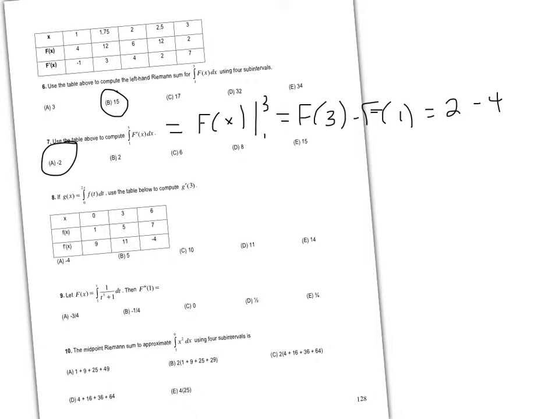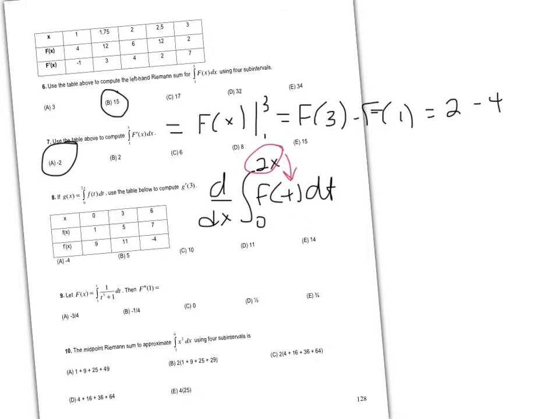All right, and then 8, we did not do that one either. So 8 says, using the table, compute g prime of 3. So you have g of x. If you want the derivative, remember that's the derivative of the integral, which we know is your FTC, the fundamental theorem of calculus. So you're going to take your 2x and plug it in for t, so you get f of 2x.